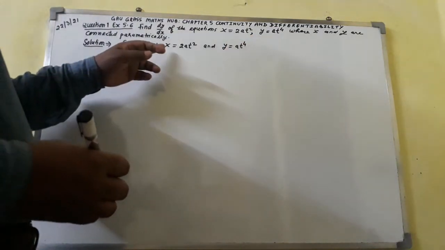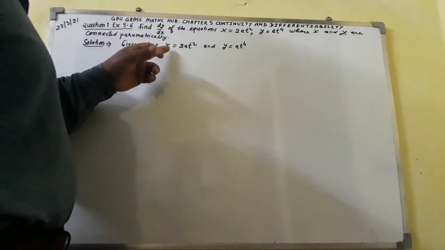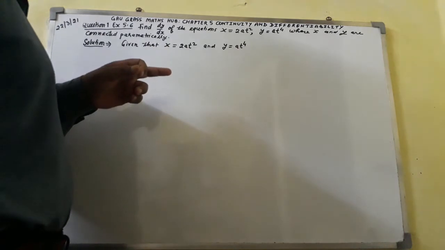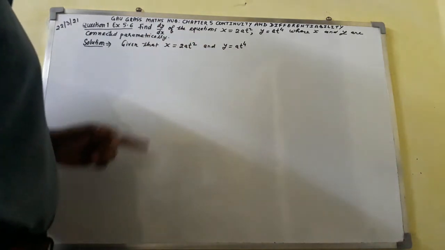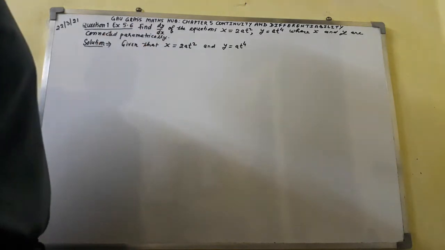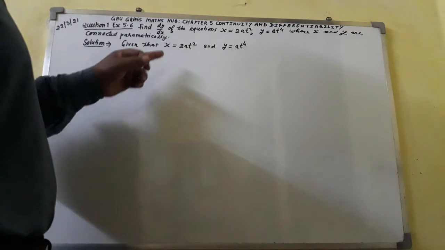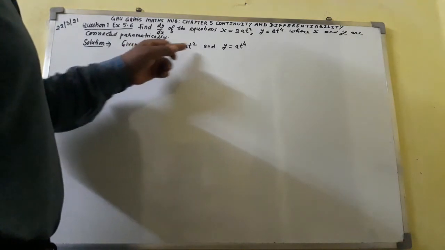Here you can see x is a variable and y is a variable. Both x and y are connected parametrically. This means that we have to find the relation of x and y.